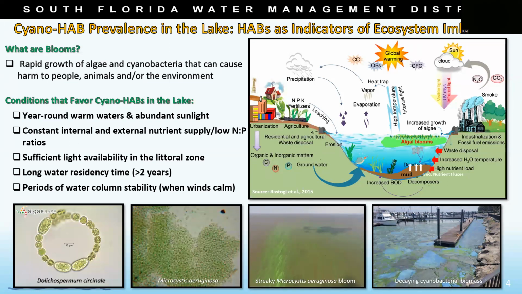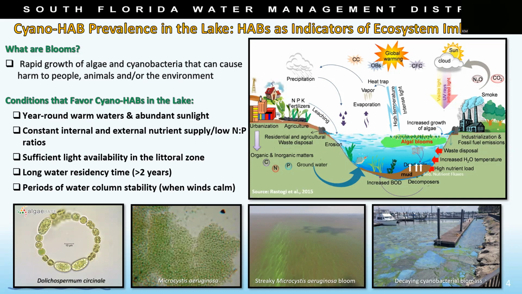So the blooms are naturally occurring phenomena. In systems that are balanced, you will also have blooms, but they will not be intense blooms. And they always happen during the summer, but the magnitude of the blooms will change in an imbalanced system. In an imbalanced system, you will have very severe blooms, and this is the case in Lake Okeechobee.